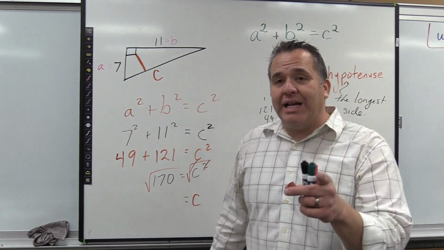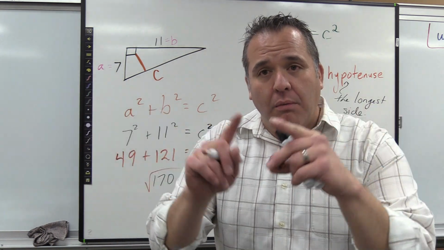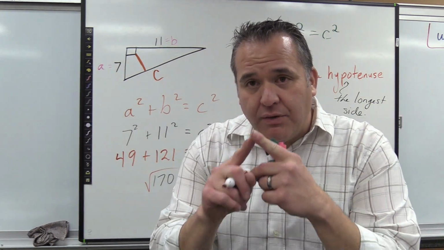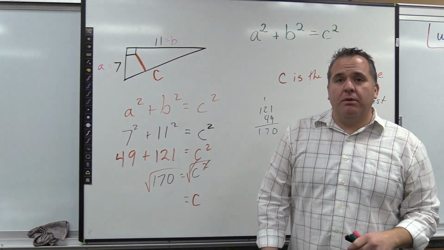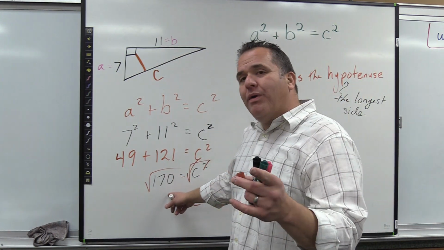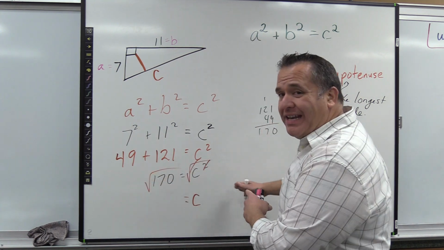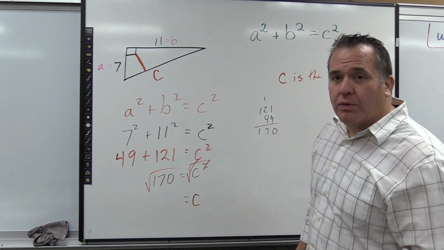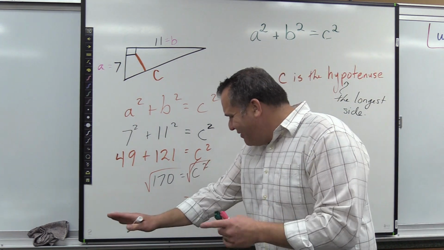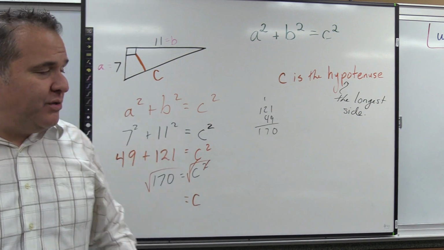That's called irrational. It's irrational because two numbers will not multiply together to give us the square root of 170. And if we were to square root 170, that decimal would never end. It would keep going on infinitely. So therefore, it's called irrational.